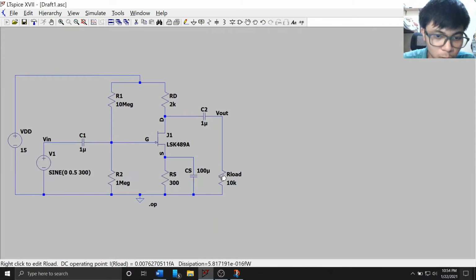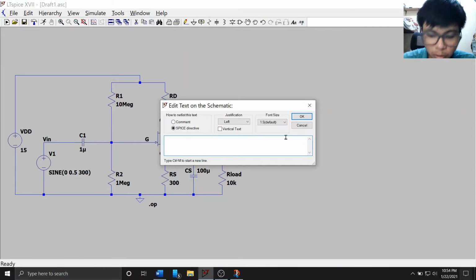So we now proceed to solving other values such as the output peak-to-peak voltage and the input peak-to-peak voltage. First we type the run command, then the .meas command that measures the output voltage and input voltage.